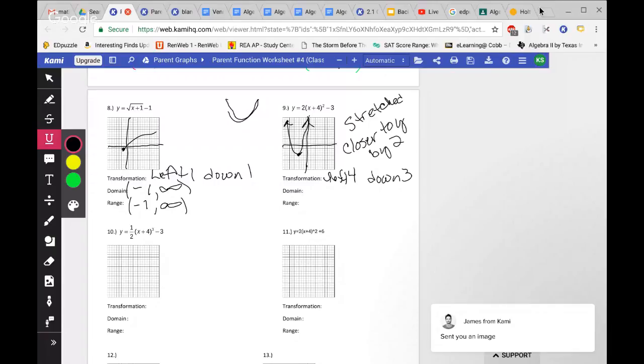So the domain is going to stay the same because once again, those 2 rays are going to extend and get wider and wider and wider. Correct? Yeah. And what's going to happen to our range? I don't know.